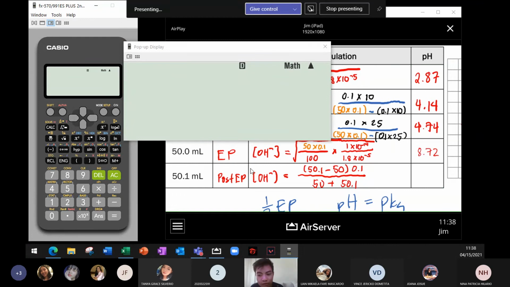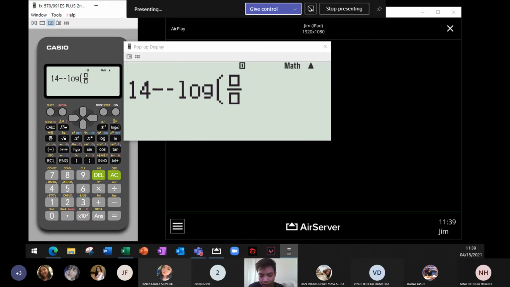Ito, OH to. Gagawin ko yung shortcut natin. pH minus pOH, so that's 14 minus negative log. Yung negative, pipindutin mo yun dito. Mahaba yung minus sa negative. Minus negative log, then fraction. Ay, mali.